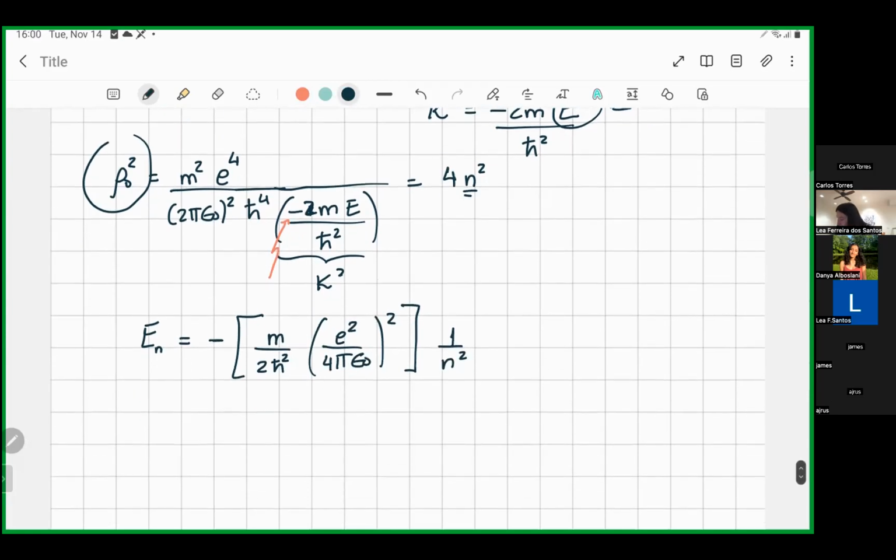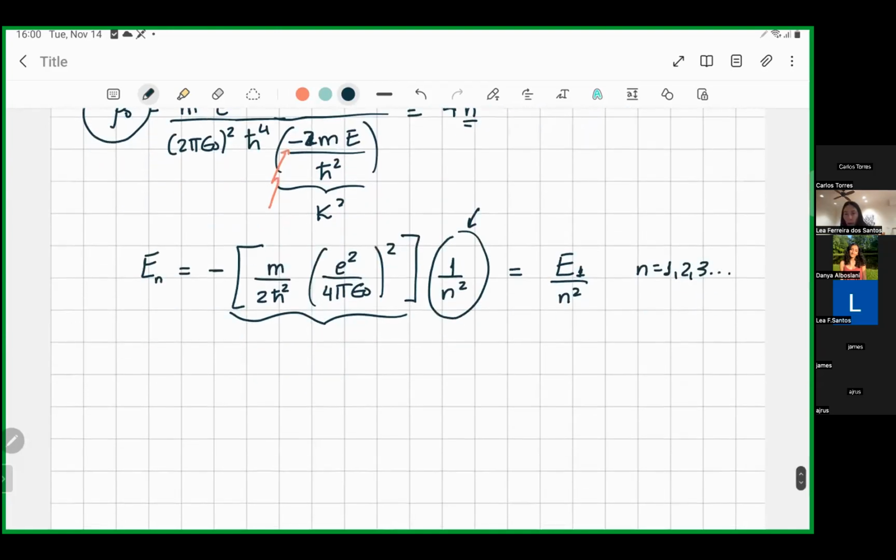Okay, so all this is a whole bunch of constants. And how does this energy change? With this 1 over n squared, right? So we can also write this as E1 over n squared, where n is 1, 2, 3, and so on.